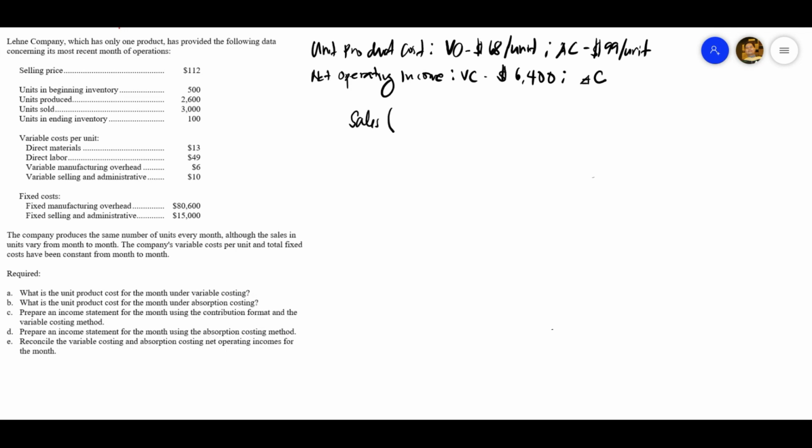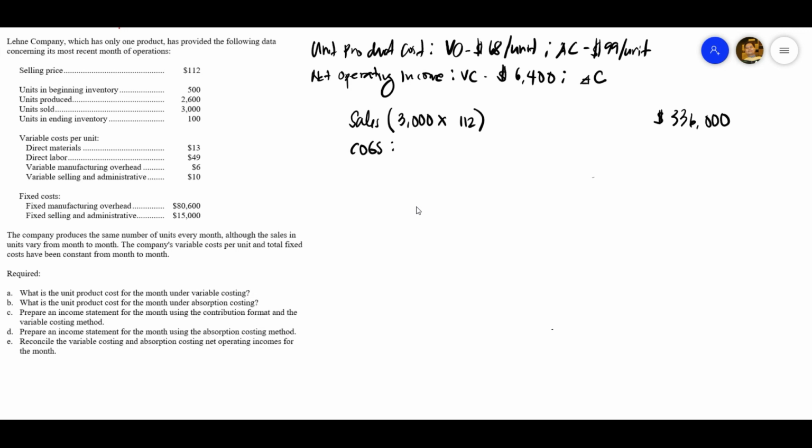You have already got this one, right? It's units sold of 3,000 multiplied by the unit selling price of $112, which gives us $336,000. For our cost of goods sold, we only need to use the unit product cost under absorption costing of 99.